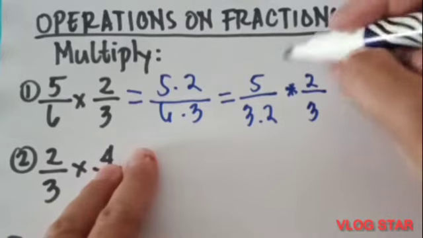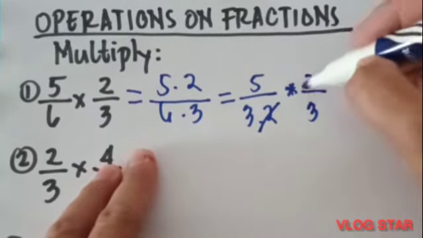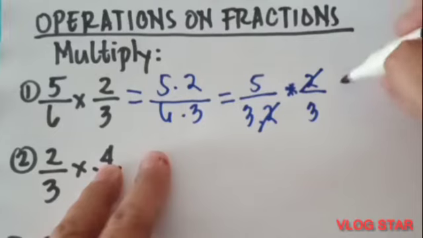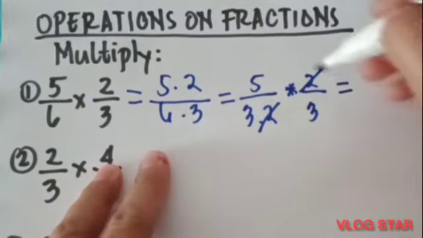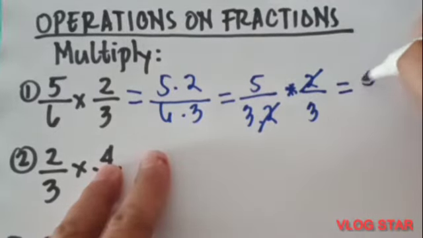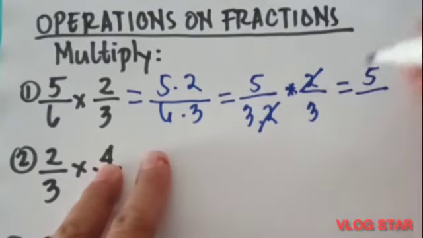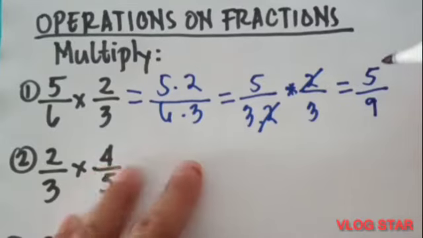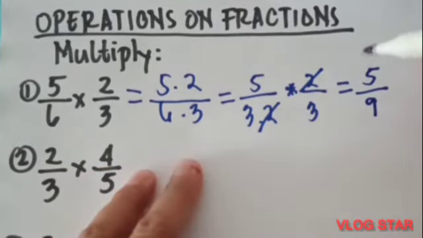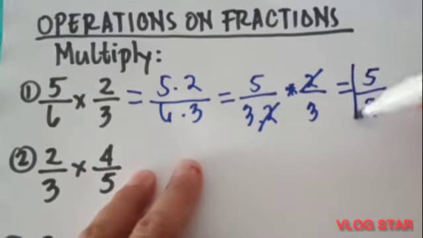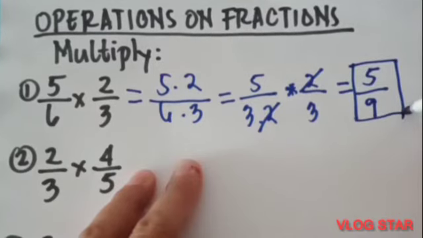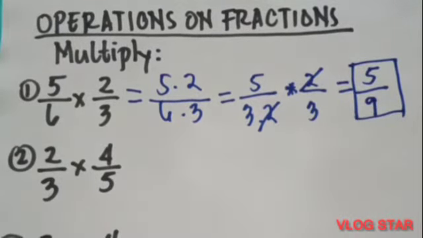So, ang cancel natin is 2 and 2. So ang natira is 5. Sa denominator is 3 and 3. So, 3 times 3 is 9. So, ang tamang sagot is 5/9.